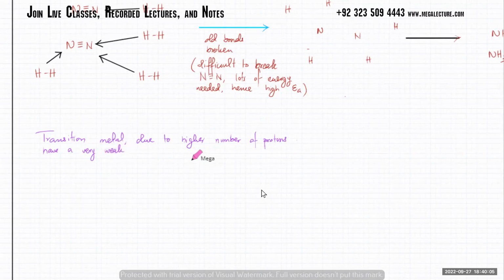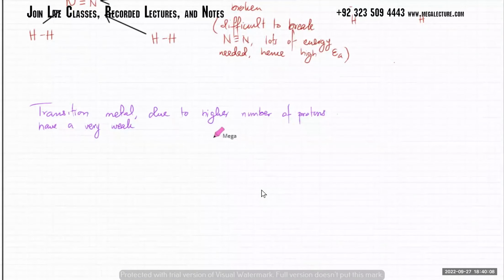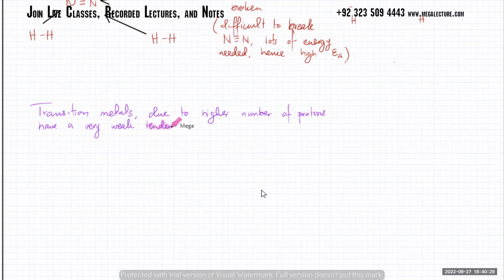For example, gold does not like to form ions. It doesn't like to lose electrons. Most transition metals are kind of unreactive. Copper does not. If you have a copper wire, it doesn't really react with a lot of things. So transition metals, due to a higher number of protons, have a very weak tendency to lose electrons.